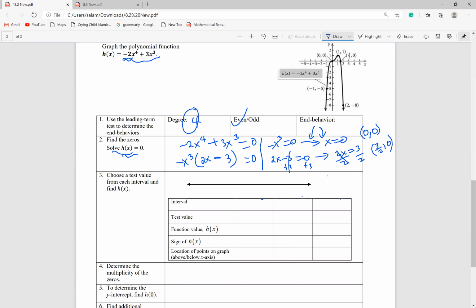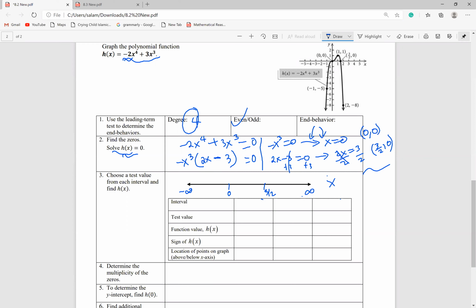Then we're told that, to get other x values, instead of just choosing any x value, we can choose within these x-intercepts. We can use our x-intercepts to divide our x. So let's say we have negative infinity to positive infinity, and this is our x. Now I'm using x equals 0 first, before 3 over 2, to divide my x.